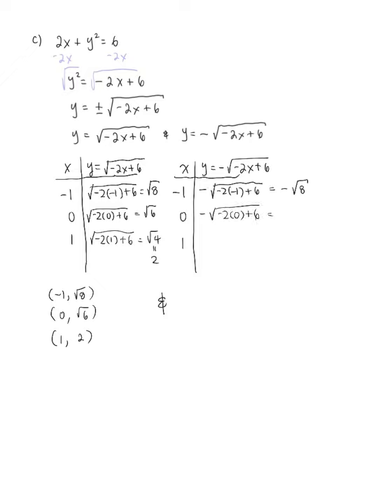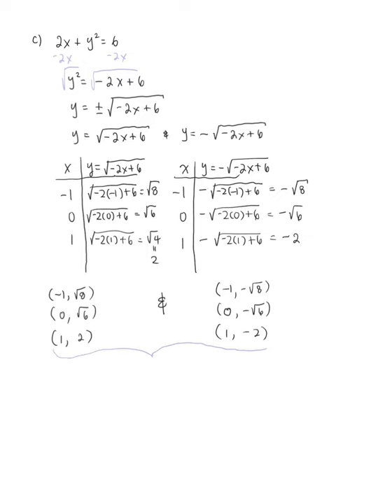So in this case, you're going to have negative square root of 6. And when x is 1, you're going to have negative square root of negative 2 times 1 plus 6. So here you're going to have negative square root of 4, which is negative 2. So you have negative 1 comma negative square root of 8, 0 comma negative root 6, and then 1 comma negative 2.